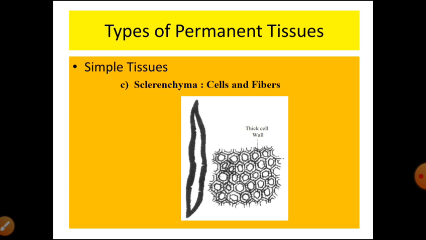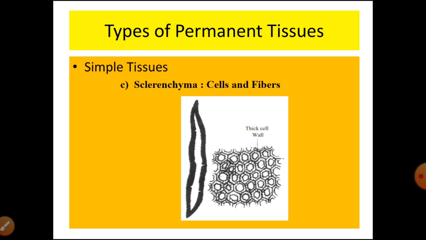The wall of these sclerenchyma fibers is usually hard, uniformly thickened, and lignified. Fibers usually occur as groups or sheets along the longer axis of the body in different parts of the plant. They have peculiarly overlapped or interlocked ends.